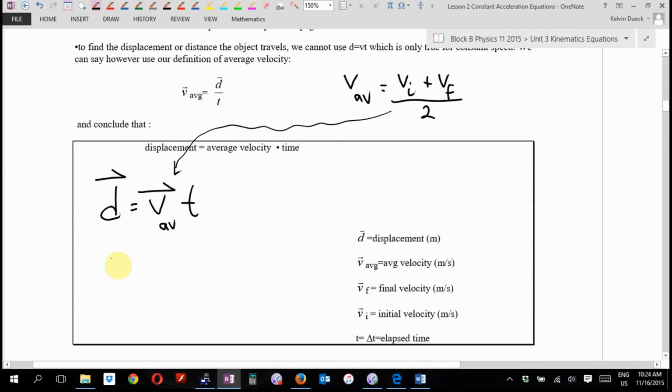We can actually write this equation as d equals vi plus vf, and the t drops down like a domino. And then you can either divide by 2, but I think on your formula sheet, I just tucked a 1/2 in the front. Can you find that on your purple formula sheet?